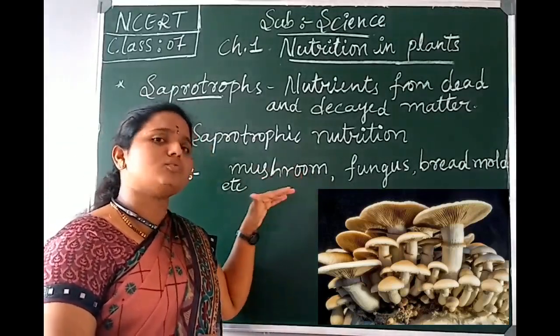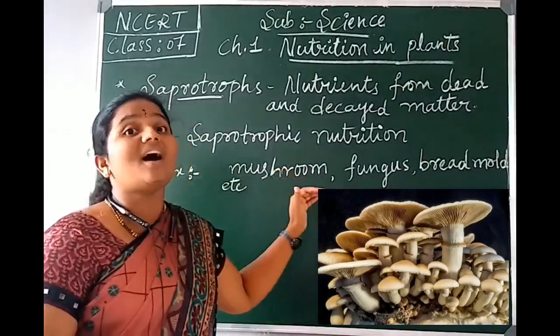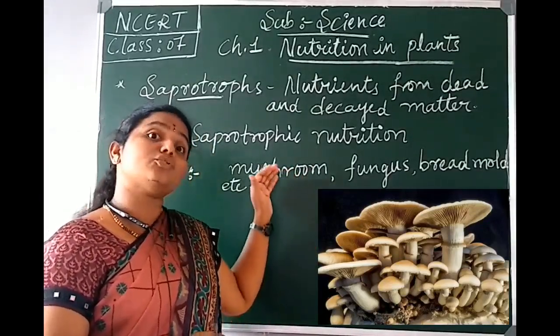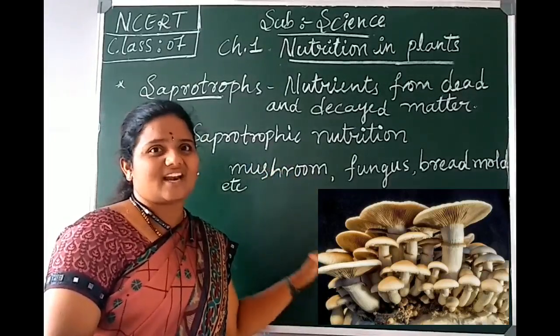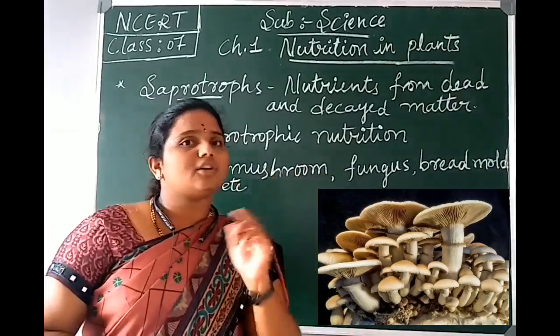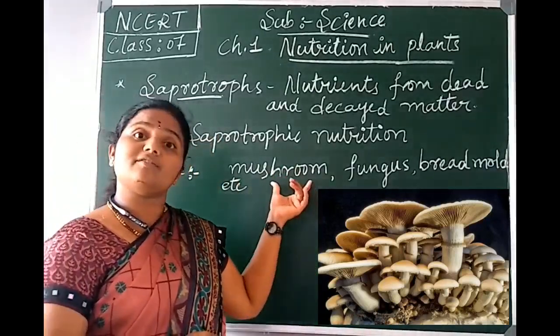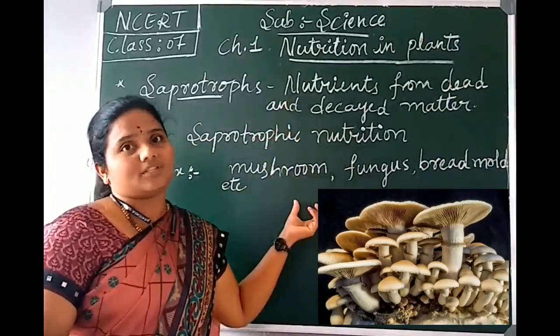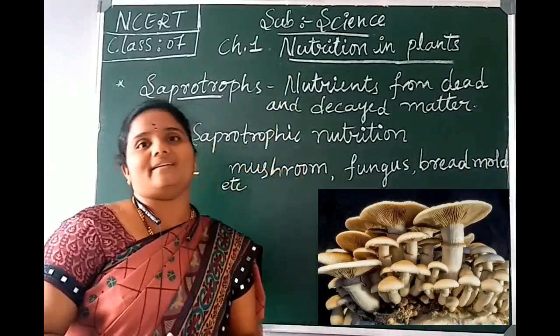And these mushrooms can be seen more during the rainy season, which means they grow more in wet conditions. They can also grow on rotten wood. So these mushrooms are nothing but saprotrophs. They take nutrients from dead and decayed matter.